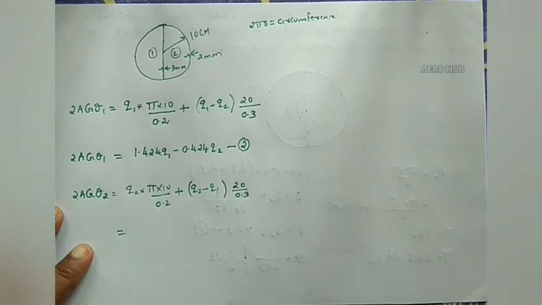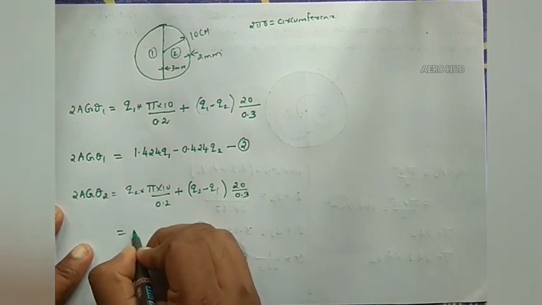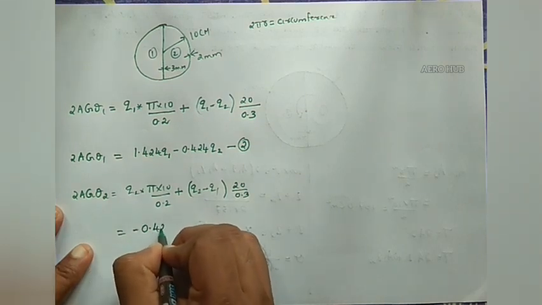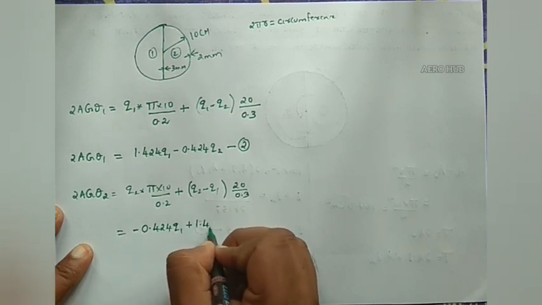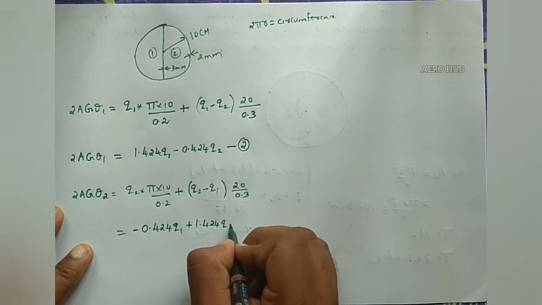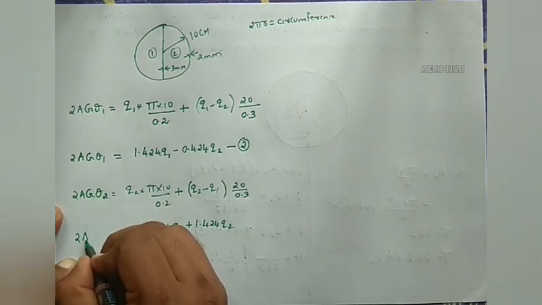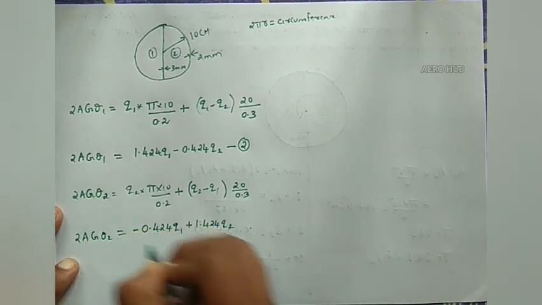Okay, so I'll be getting the same answer, but the terms are interchanging, that is I'll be getting minus 0.424 Q1 plus 1.424 Q2, that is 2AG theta 2.